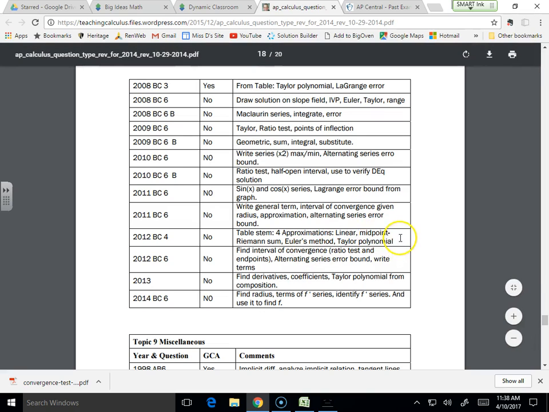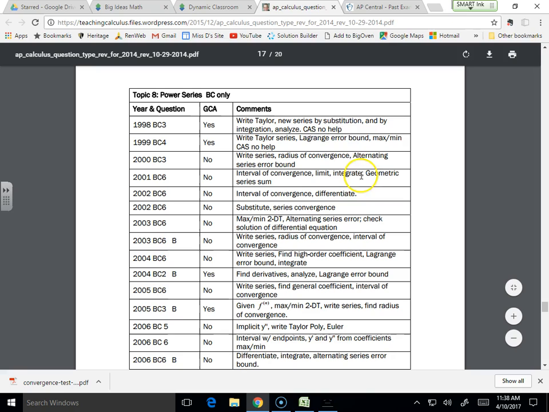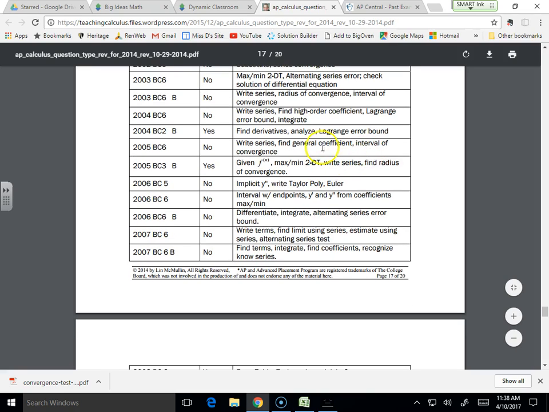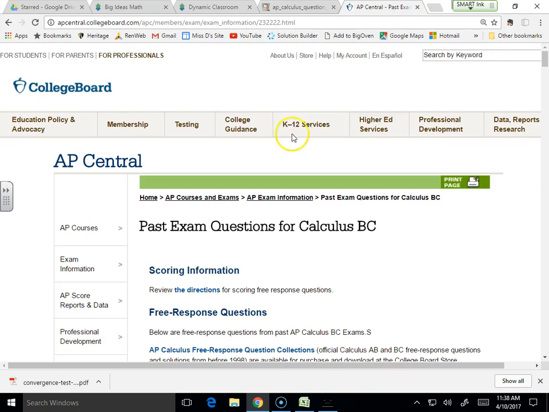I was thinking we could peek at, which one was I seeing? There was a nasty one. Is it 2004? For sake of illustration, let's go to 2011.